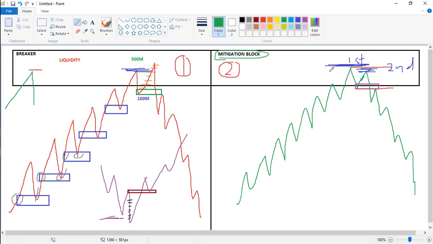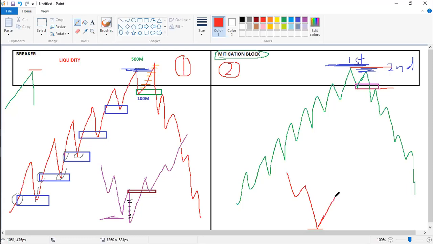So in mitigation blocks, the order block does not break market structure, does not take out liquidity. It does not do that, compared to a breaker. A breaker takes out liquidity. A mitigation block does not take out liquidity. It only pushes price to premium or discount. This is where they first put their first sell or buy orders.